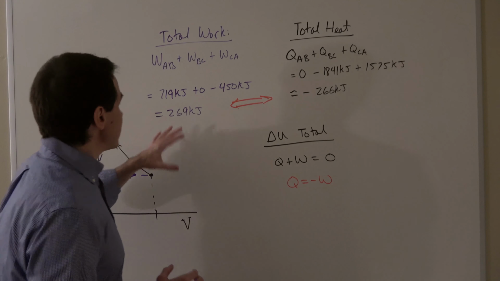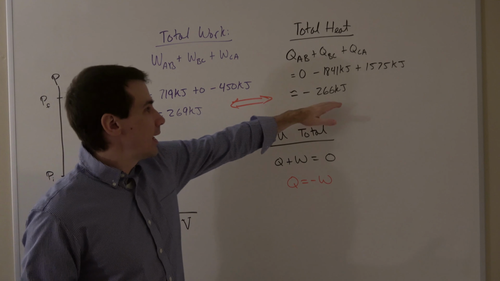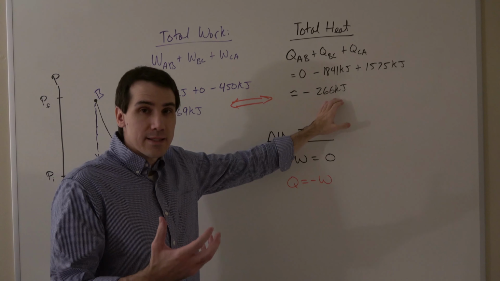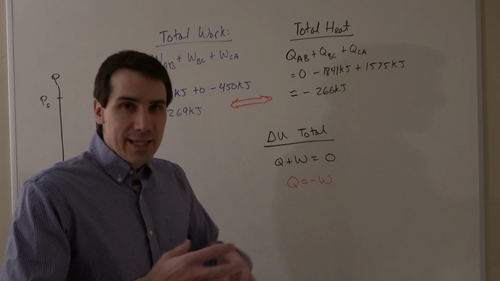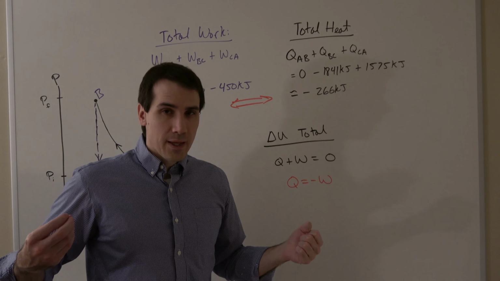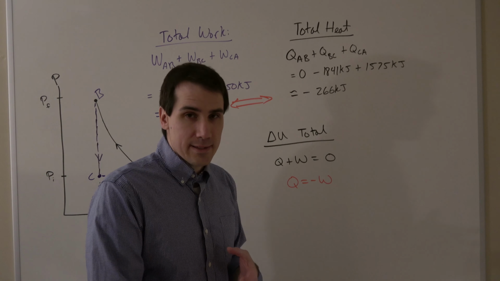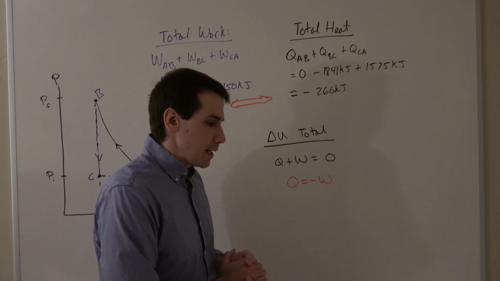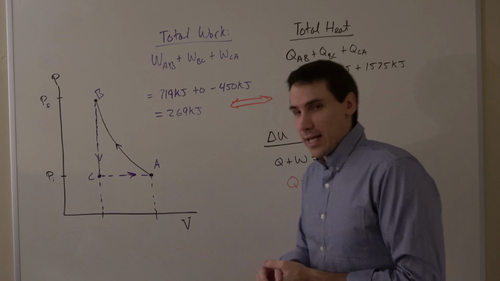Now, this cycle here has a positive work done and a negative heat, okay? So heat is being taken out of the system and positive work is being done on the system, okay? So let's see why that is the case.